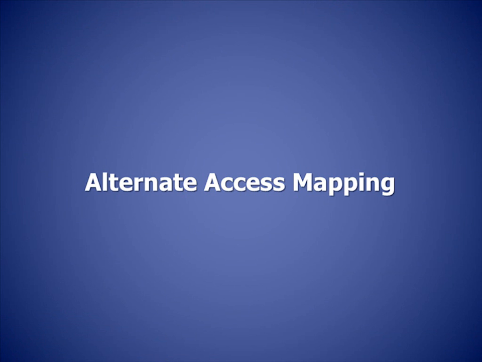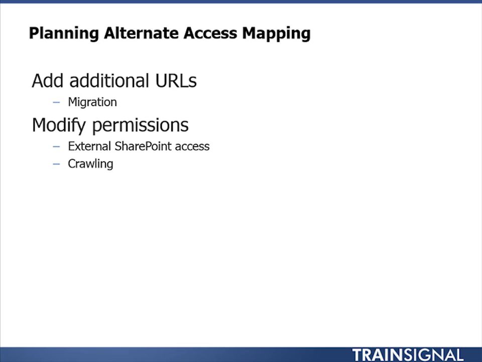Now let's close off the address management lesson here by talking about alternate access mappings. What alternate access mappings allow me to do is add additional URLs that a web application is able to respond to.